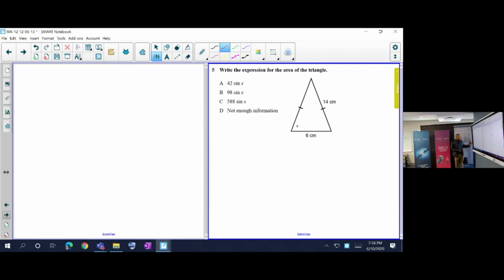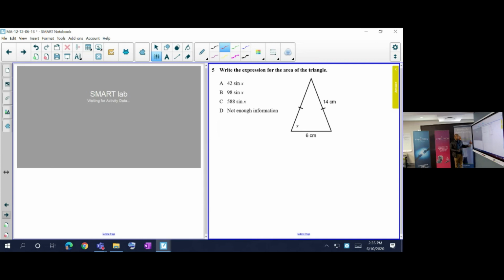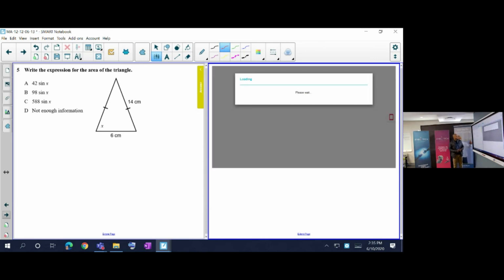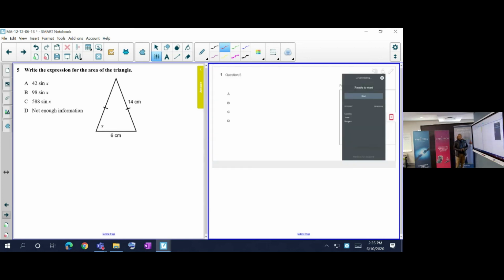Let's go to the next aspect. Okay. So you are lucky that there are many questions coming to reinforce this area rule for you. So there is another question, number 5.